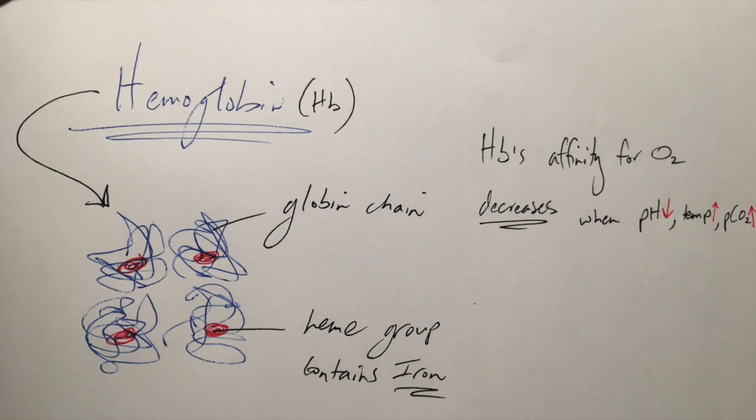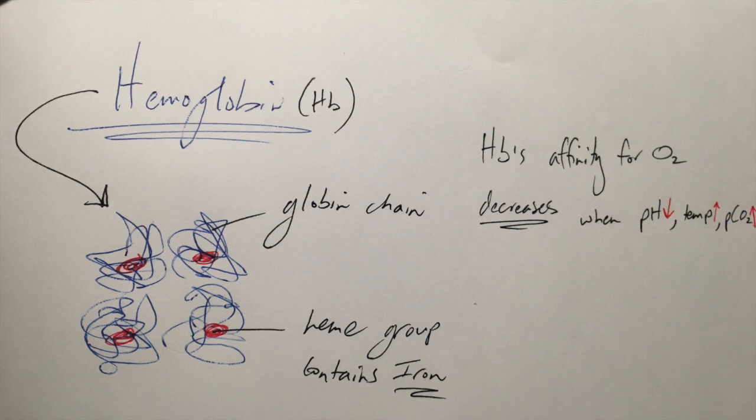And lo and behold, hemoglobin carries 98% of the oxygen that's in our blood. If we didn't have hemoglobin, our hearts would have to beat 15 times faster or be 15 times larger, right? So it's really crucial for our ability to carry oxygen.